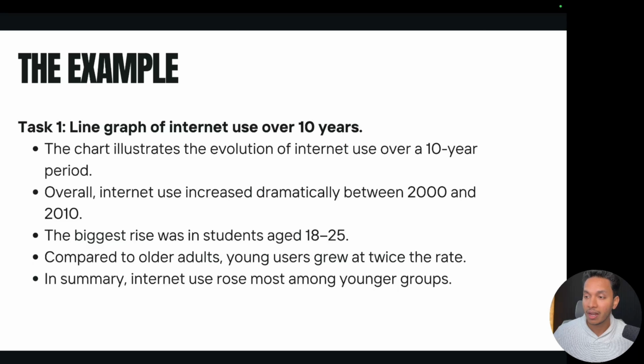Third sentence, highlight the biggest increase or decrease: the biggest rise was in students aged 18 to 25. In the fourth sentence, point out one clear comparison: compared to older adults, young users grew at twice the rate. And in the fifth sentence, you do a summary: in summary, internet use rose among most younger groups.